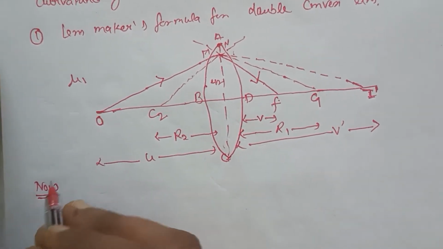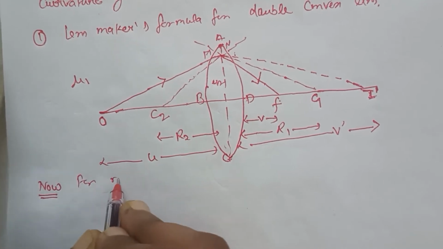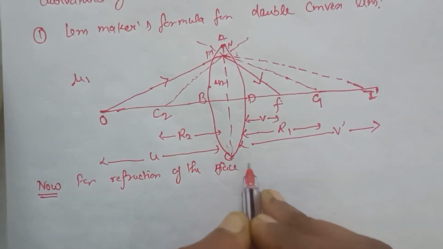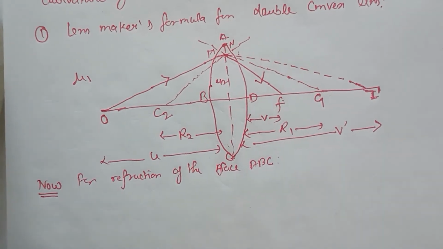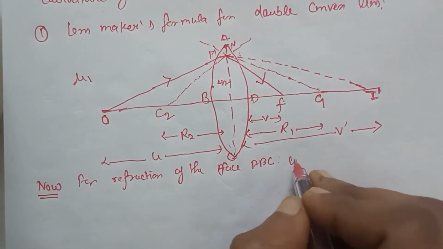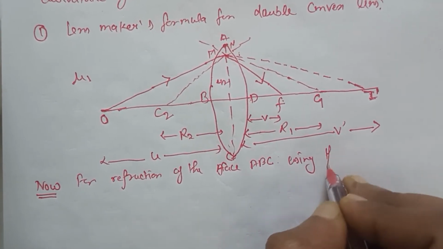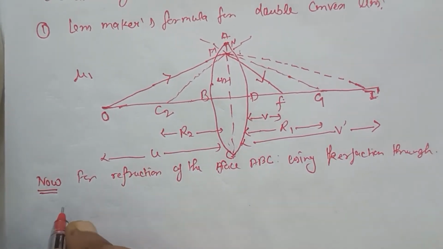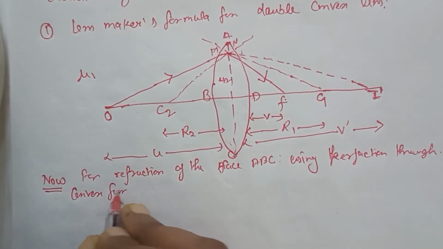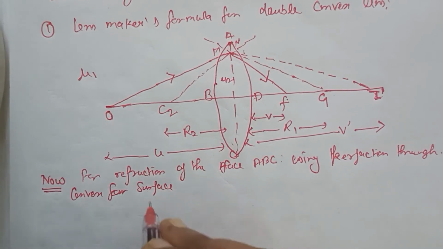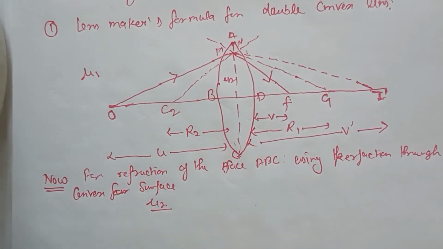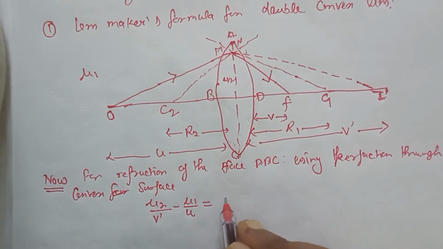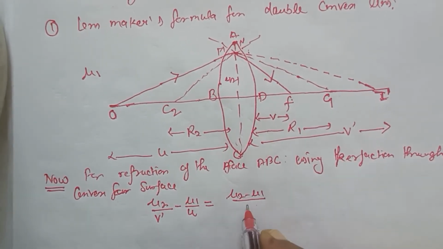Now using refraction of the face A, B, C, using refraction through a convex surface, the formula is mu2 divided by V dash minus mu1 divided by object distance equals mu2 minus mu1 divided by R1.